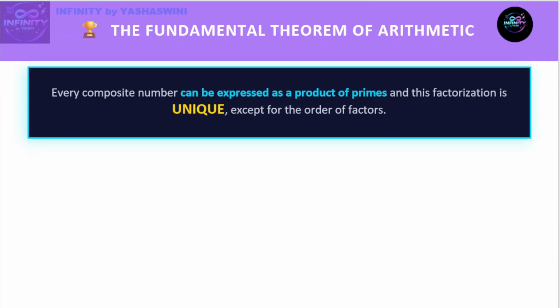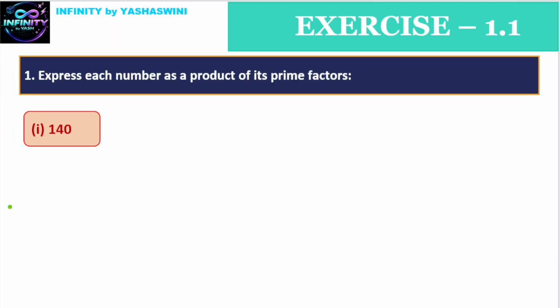Now let's move on to the exercise problems. Here the first question is, express each number as a product of its prime factors. Here 140 is there. We have to express 140 as a product of prime factors. How to express this? We can divide 140 as 2 into 70. 70 can be expressed as 2 into 35.